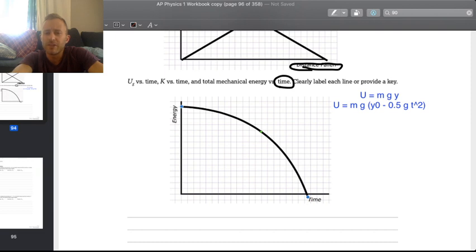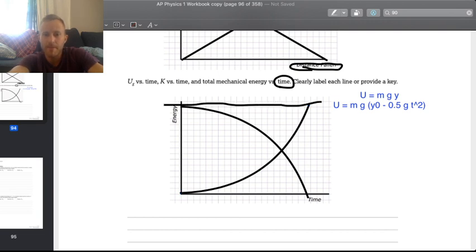My kinetic energy has to look like the reverse of that, so it's going to look like this. Because if I take the kinetic plus the potential and add them up, it's always going to equal a constant. So that makes sense.